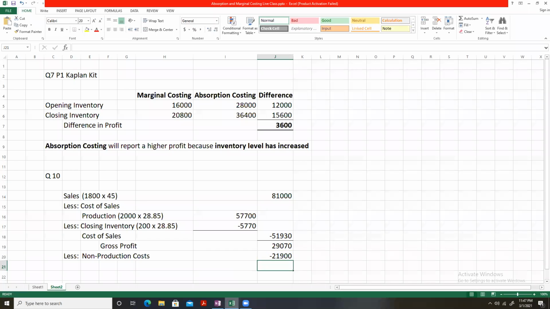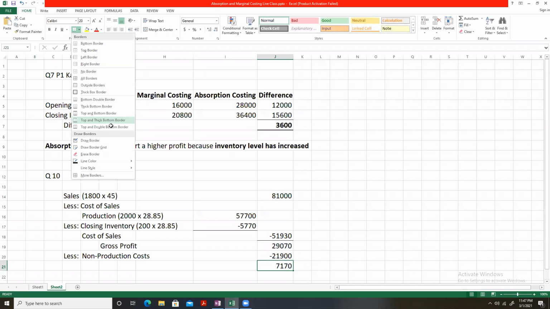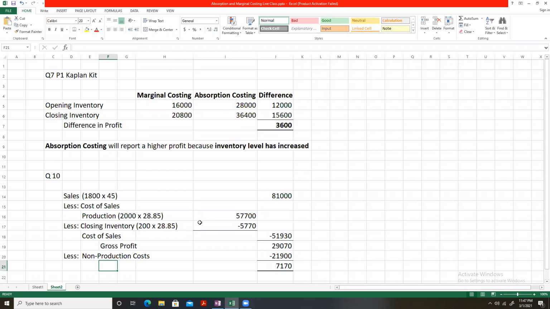So the profit that absorption costing will report is 7,170. This is the net profit reported by absorption costing.